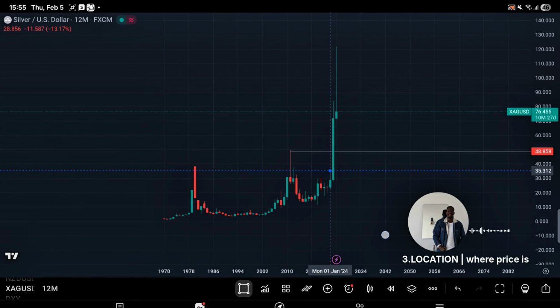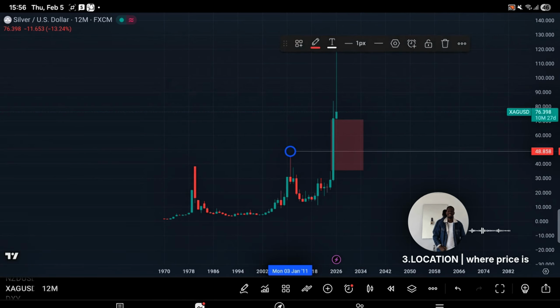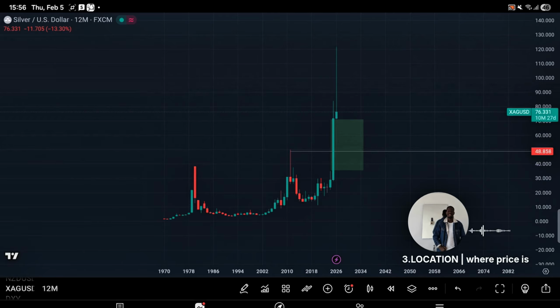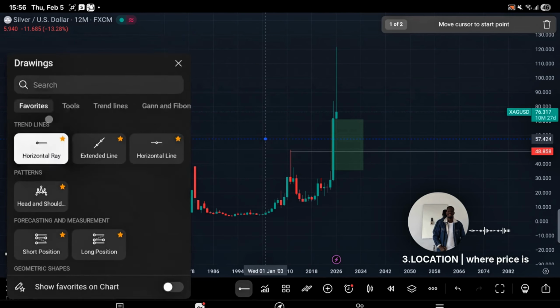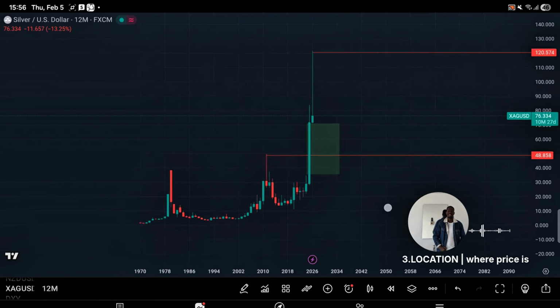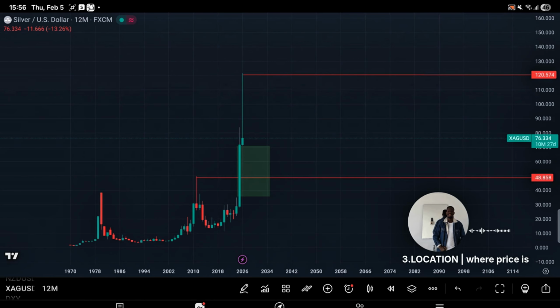It is a swing high that was broken, and this red box that you're seeing, which I'll just make green, is a fair value gap. So where is price in relation to these PD arrays? And also this point, I can mark it as a PD array. So where is price in relation to this?